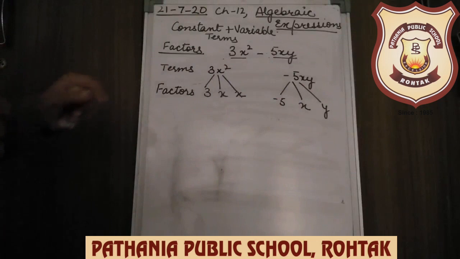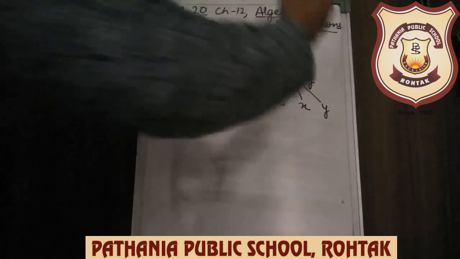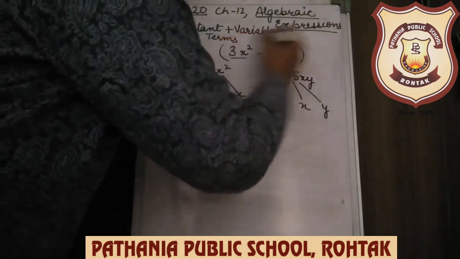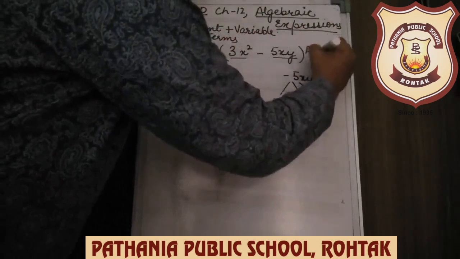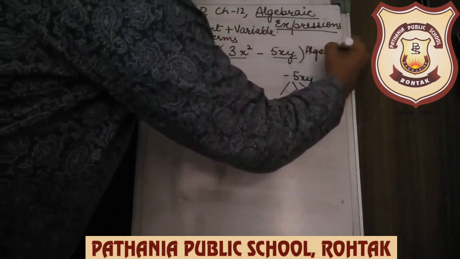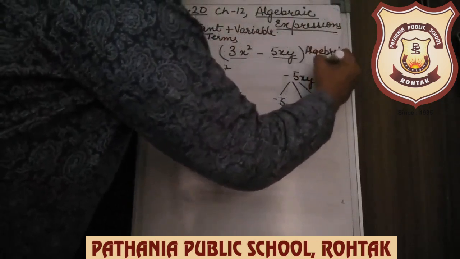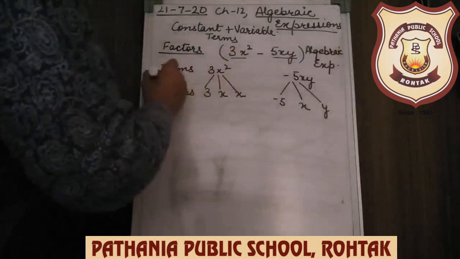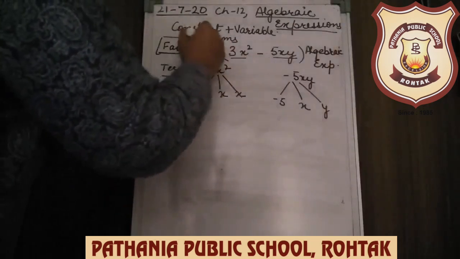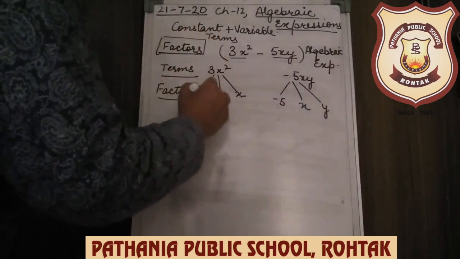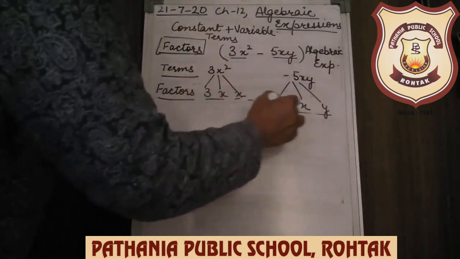These are the factors for the terms of the expression. Clear? This whole is the algebraic expression. Then you have the terms, we are studying about factors, and these are the factors.